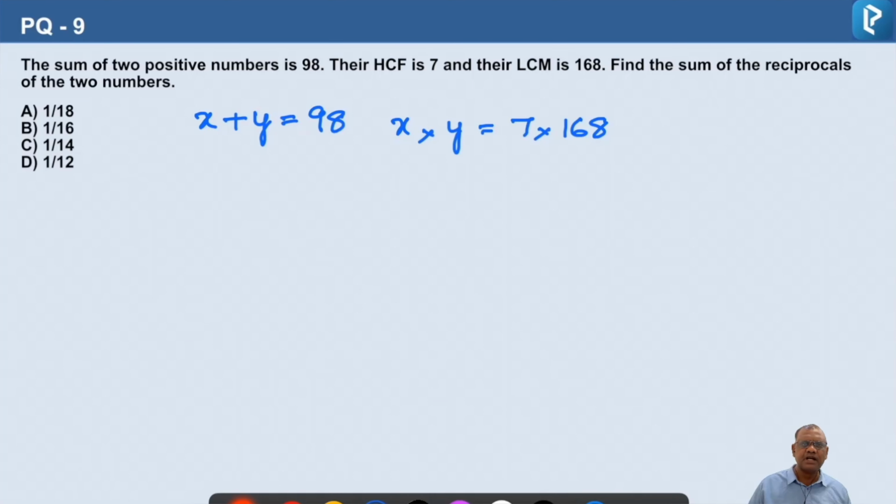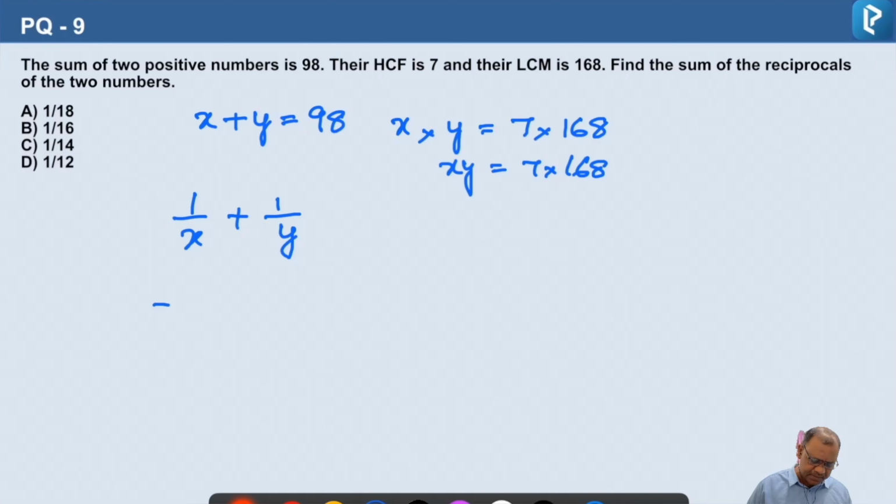Find the sum of the reciprocals. So he is asking us to find out the sum of the reciprocals of the numbers, 1 by x plus 1 by y.